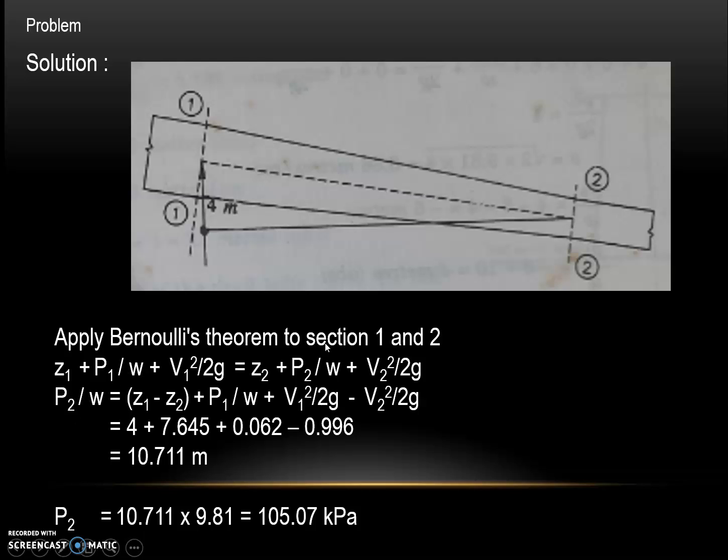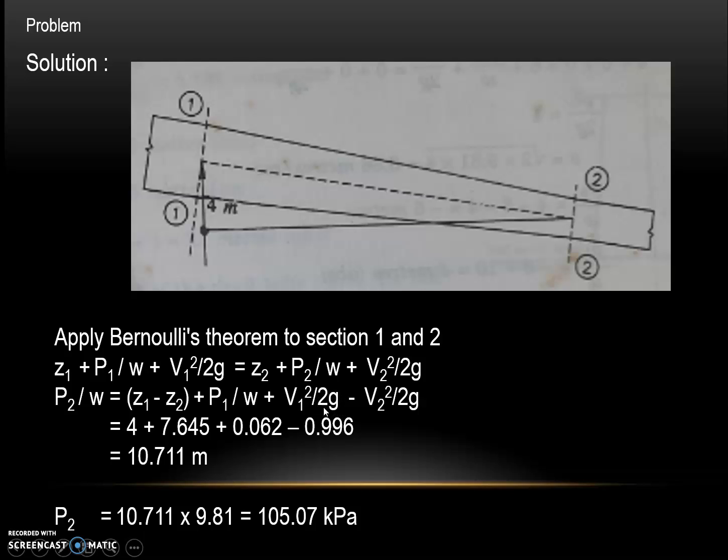P2 by W can be written as equal to Z1 minus Z2 plus P1 by W plus V1 square by 2g minus V2 square by 2g. Z1 minus Z2 is equal to 4. P1 by W is 7.645 plus V1 square by 2g, where g here is 9.81.